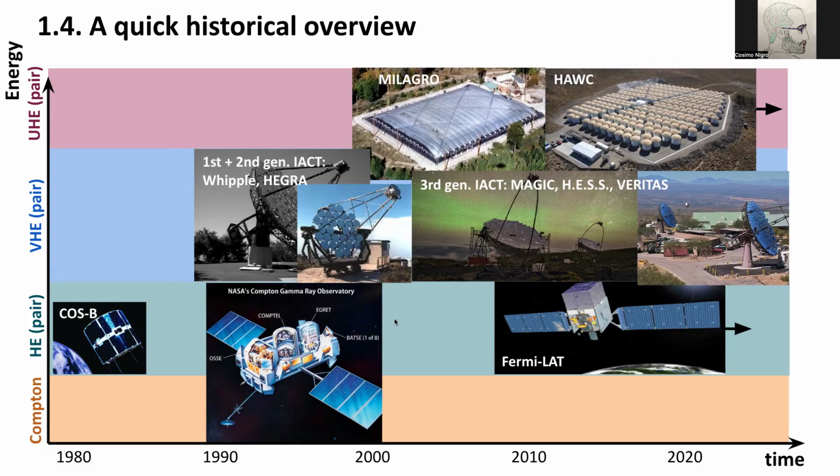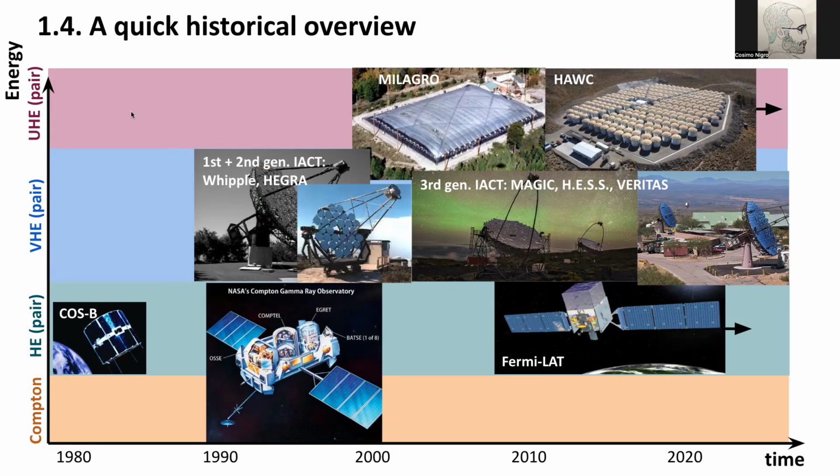In the following decades, CGRO was decommissioned, and scientists started to build the third generation of imaging atmospheric Cherenkov telescopes like MAGIC, whose data we will use in the tutorials, HESS and VERITAS.